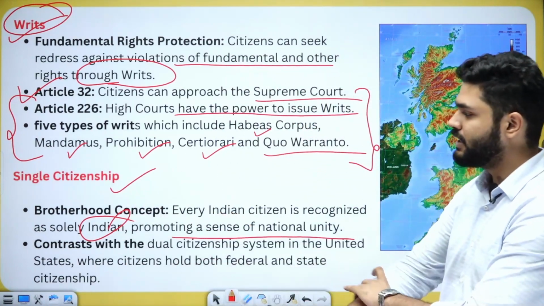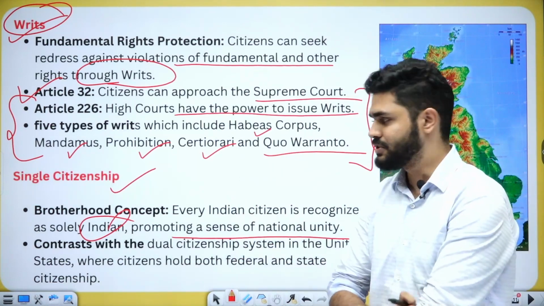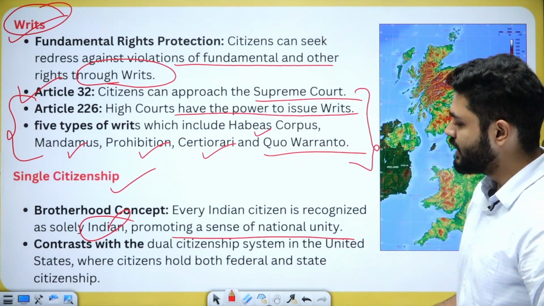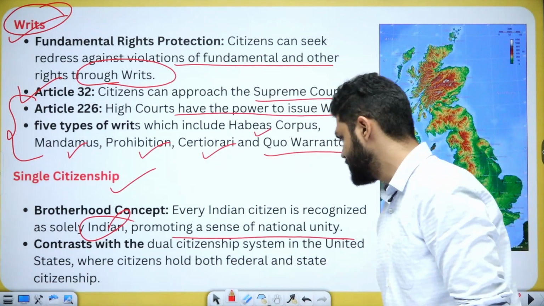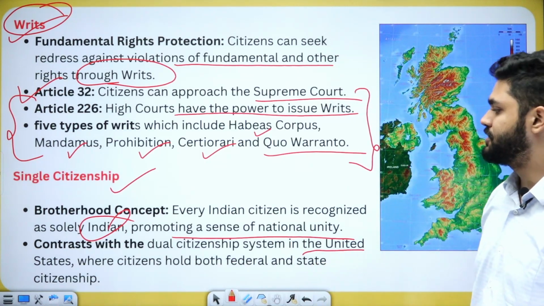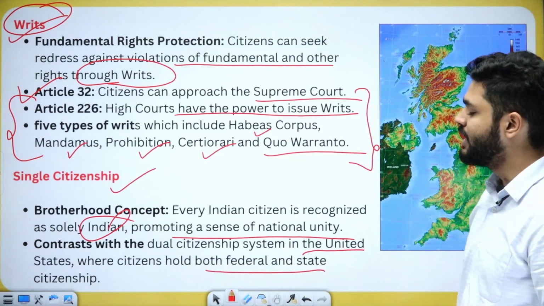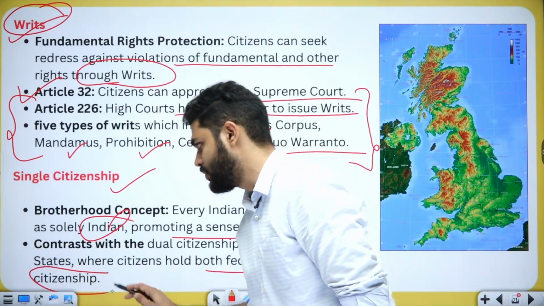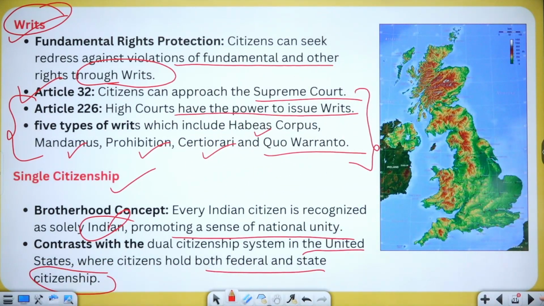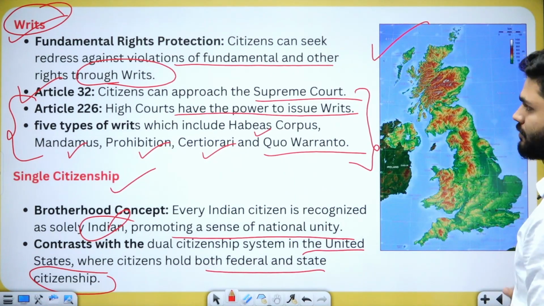But in India there is only one citizenship, single citizenship. This contrasts with the dual citizenship system in the United States, where citizens hold both federal and state citizenship. Okay, so the single citizenship idea has been taken from the United Kingdom.